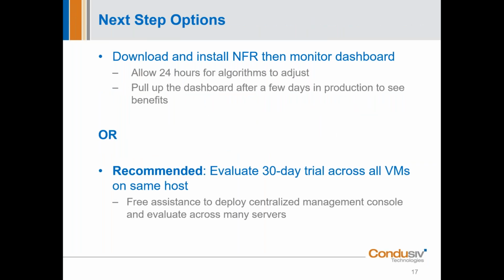So what are the next steps? Hopefully you've been asking some questions along the way, and if not, now's a good time to do that. But as I mentioned, you are going to get a not-for-resale copy of Velocity, a per-server license for you to install in your environment.